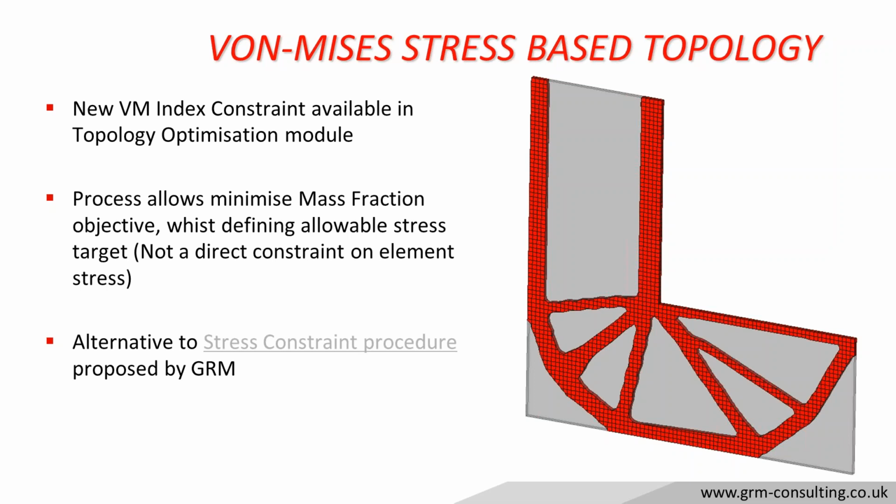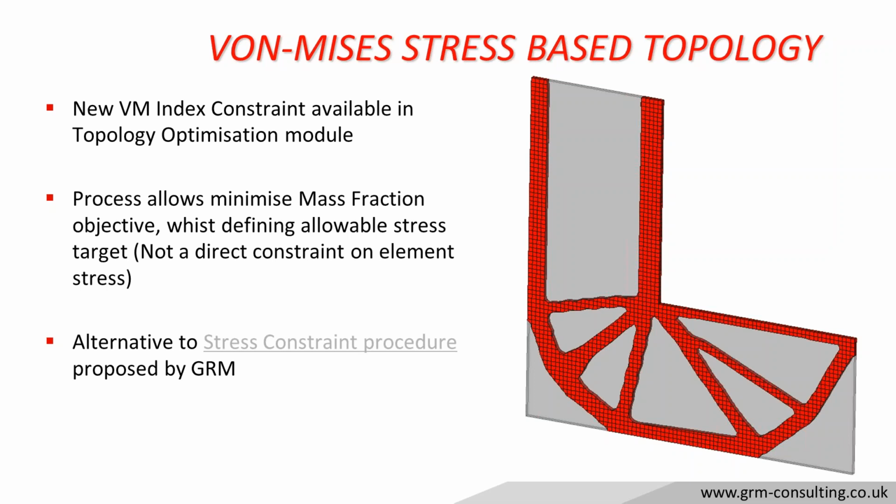Now, I should draw attention, it's not a direct stress constraint, so you may get some elements above and below, but it is a very, very rapid optimization process. It's easily comparable with a classical fixed mass fraction and minimized energy approach. But it's basically monitoring the VM index to achieve a minimum mass fraction.